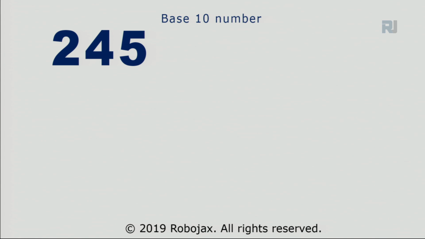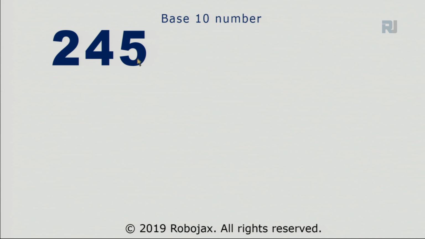We will start explaining with base 10, which we use. This is decimal, and for example, when we write 245 in decimal, how have we determined the value of this? This is the first place value, this is the second place value, and this is the third one.